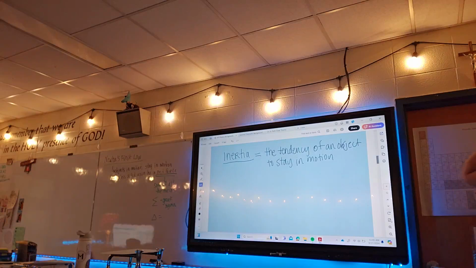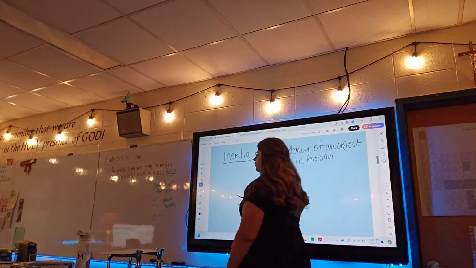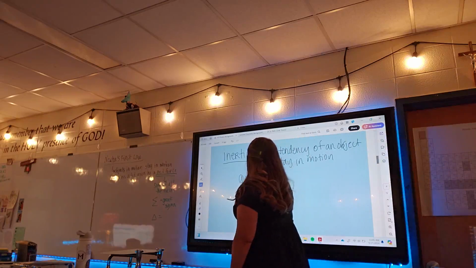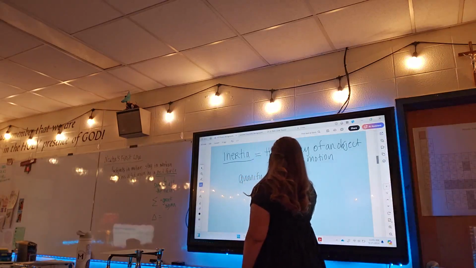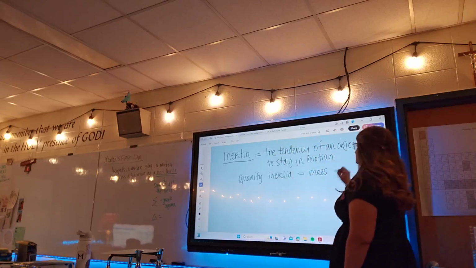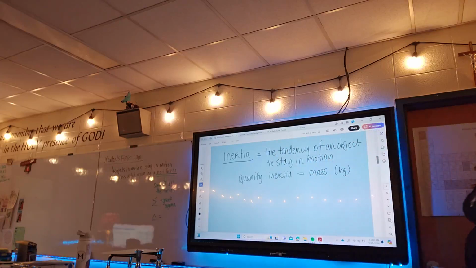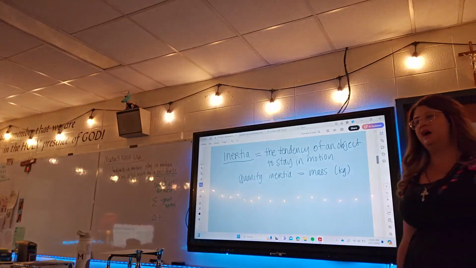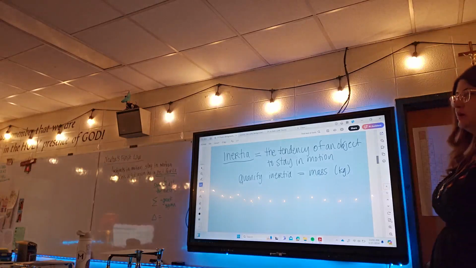So inertia is more of a concept rather than a mathematical calculation, but we do have a mathematical way to quantify it. The way we quantify inertia is by using mass. So the more mass you have, the more inertia you have. In the same way that a train is harder to stop than a kid on a bike.